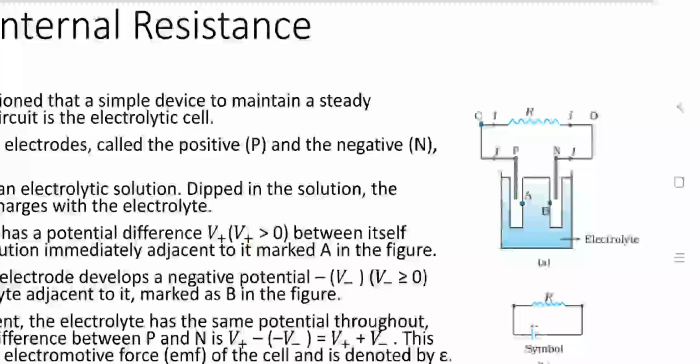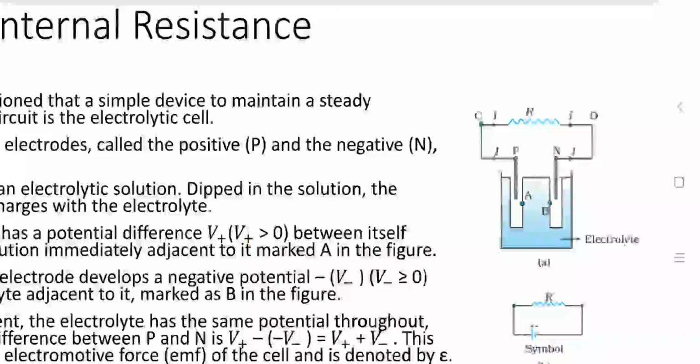So generally we do not avoid small r, the internal resistance. The potential difference across the capital R is I into capital R. So IR is epsilon minus I into small r.